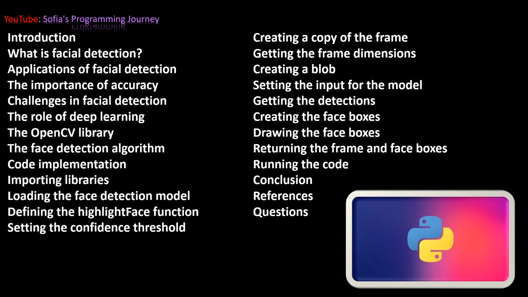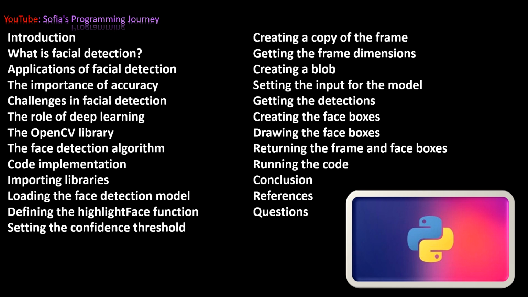Introduction. What is facial detection? Applications of facial detection. The importance of accuracy. Challenges in facial detection. The role of deep learning. The OpenCV library. The face detection algorithm. Code implementation. Importing libraries. Loading the face detection model.